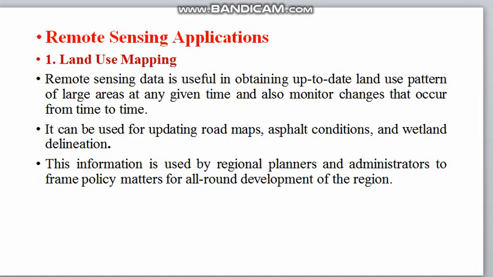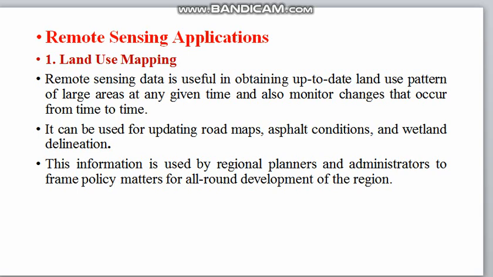Then we see some applications of remote sensing. First is land use mapping. Remote sensing data is useful for obtaining up-to-date land use patterns of large areas at any given time, and also for monitoring changes from time to time.